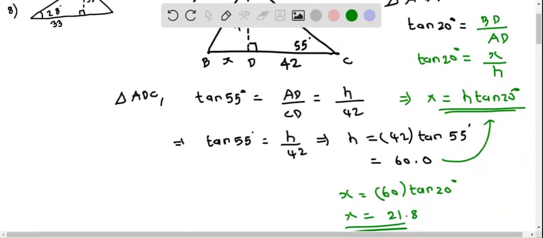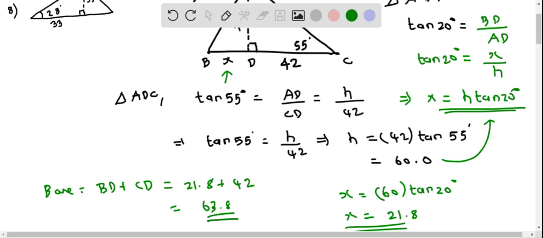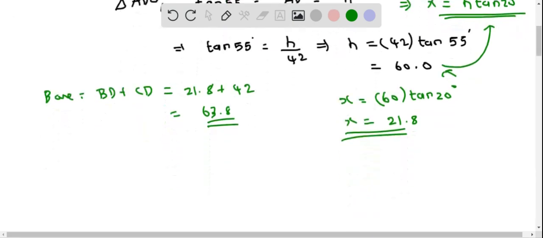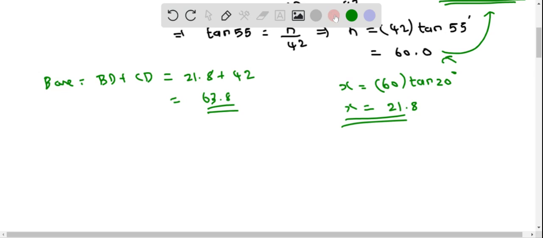So the base is BD plus CD. BD is the value of x, which is 21.8, plus CD is 42. When we add these two, we get 63.8. This is the base of the triangle, and we can use the height of the triangle to find the area. The area of the triangle equals half base times height.